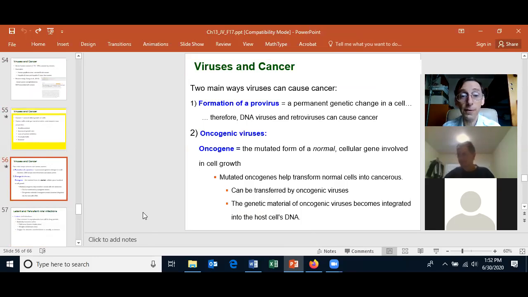Viruses can cause cancer in two ways. If the virus integrates into the cell's DNA, that permanently changes the DNA in the region where the virus integrates, and that can mutate the DNA in that region, and that can go on to lead to cancer.